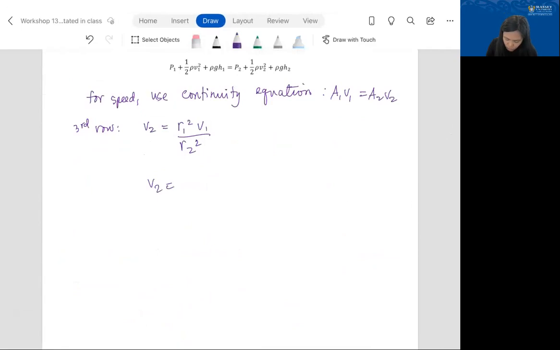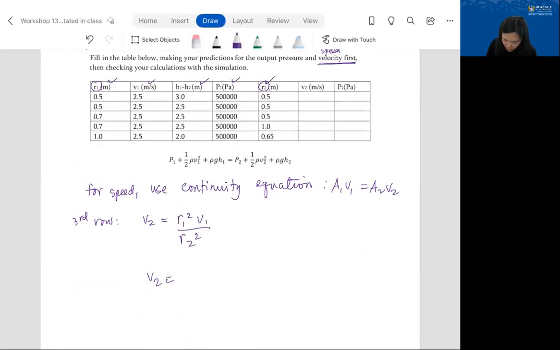Okay, so for the new velocity, you have R1 0.5 squared times V1 2.5 divided by R2 0.5. Oh, no. That's why I didn't do the first row, right? Because the first row will give you the same speed. I was looking at the first row, sorry. So we're doing the third row.